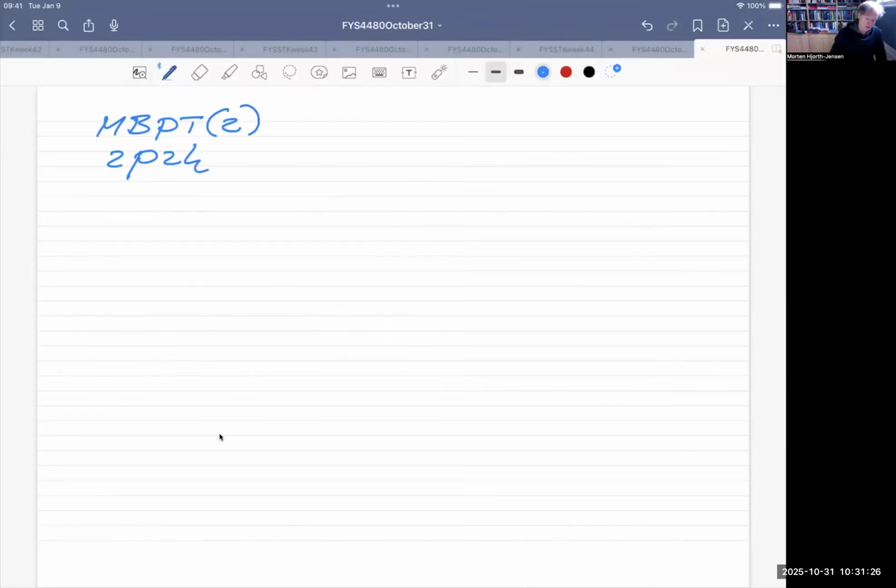Now what we have is an expression which is going to look as follows. We are going to have 1 divided by 16, and this is going to be the interaction which we have. We are going to have a summation over the intermediate states, which I haven't specified yet.